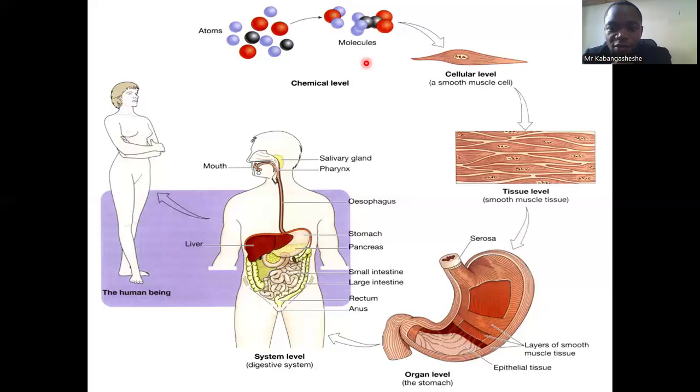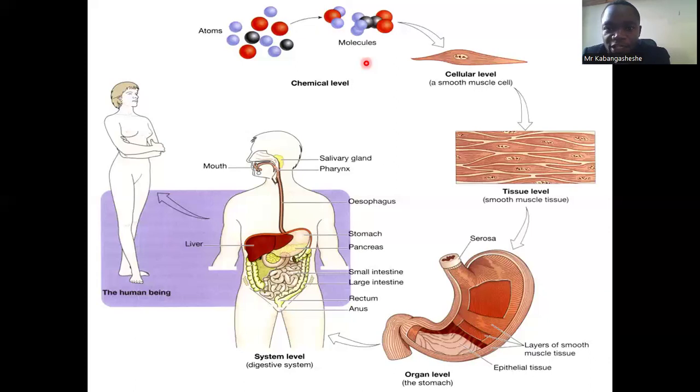So now molecules are of two types. We have big molecules and smaller molecules. The bigger ones, we call them macromolecules. The smaller ones, we call them micromolecules. Example given. Macromolecules, the most important ones are proteins, lipids, and carbohydrates. Those are macromolecules, very large molecules, composed of chains and chains of their monomer units.